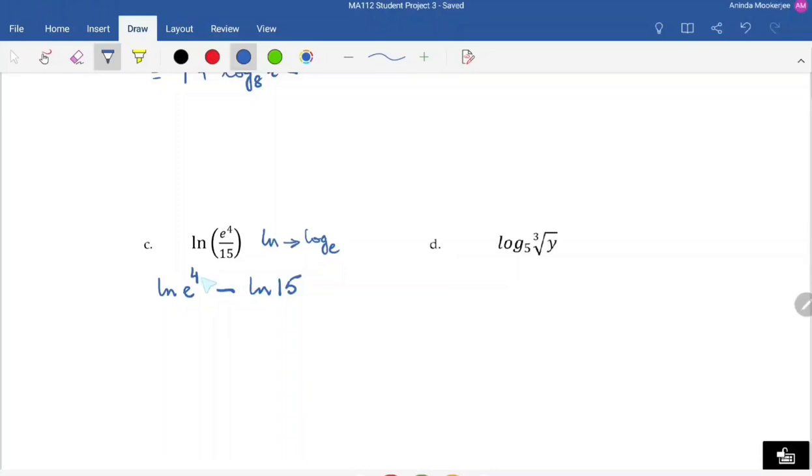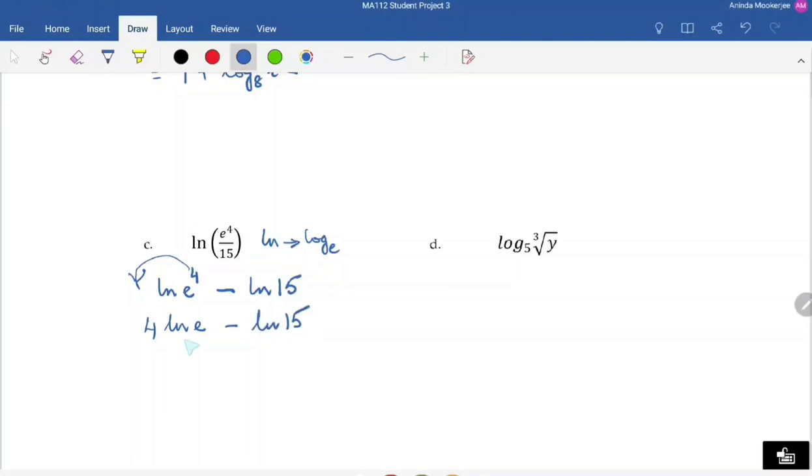Whenever we have a power, or an exponent, so to speak, then we can multiply ln of e by this 4. That means we can bring the 4 to the left side of ln e and write it as 4 times ln of e minus ln 15.